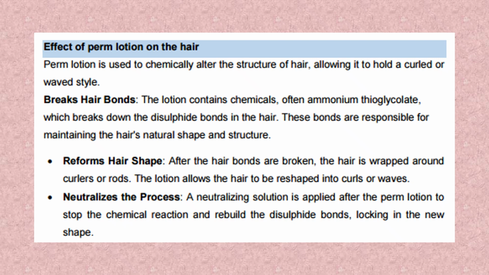A neutralizing solution is applied after the perm lotion to stop the chemical reaction and rebuild the disulfide bonds, locking in the new shape. Remember when we did this in class in practical? We wash the hair with shampoo, then you roll it in, then we put on the perm lotion, and we did a test curl to see how far it curls.